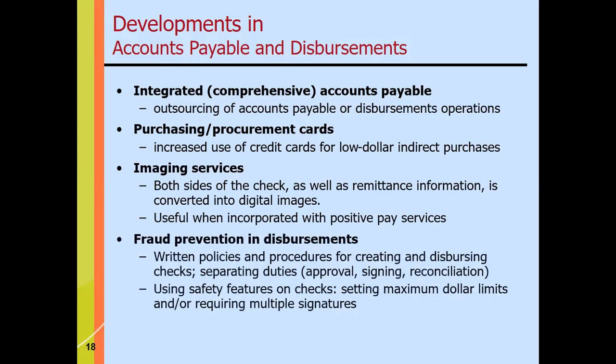So that's the thing. Next is fraud prevention in disbursement. With this, there have to be written policies and procedures for creating and disbursing checks. Then we have to separate duties: approval, signing, and reconciliation. These are incompatible tasks, duties, and responsibilities that have to be separated or segregated in order to minimize chances of fraud. Then also with this is the usage of safety features on checks like setting maximum dollar limits.